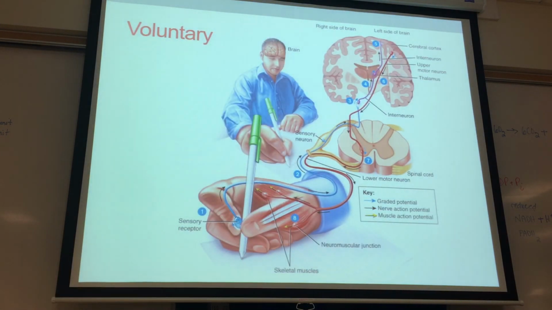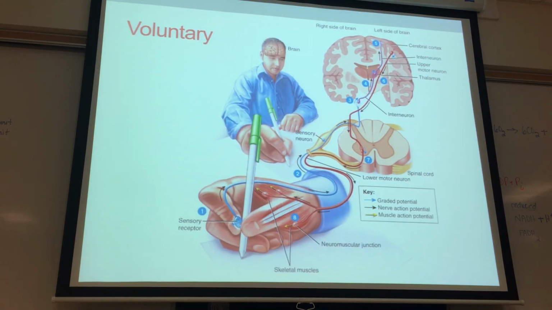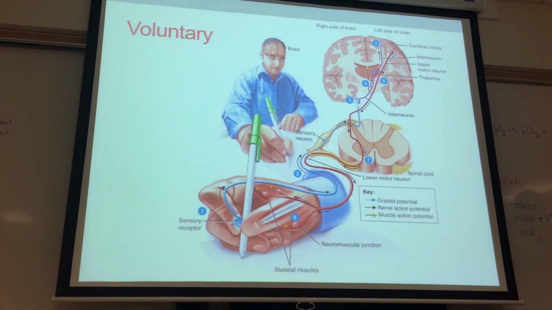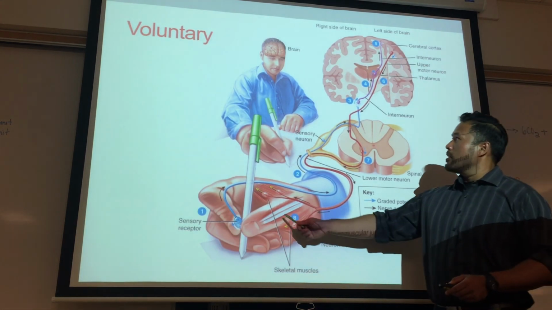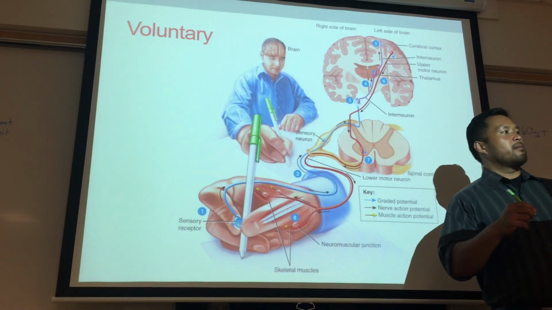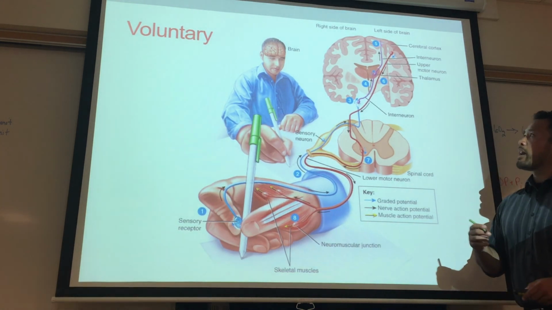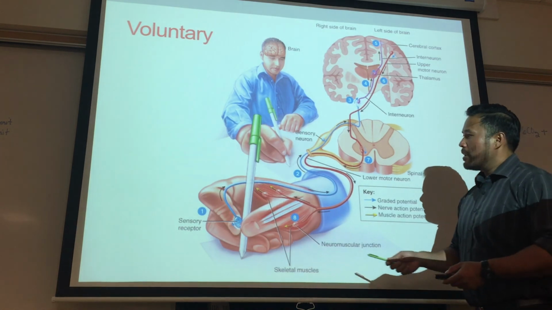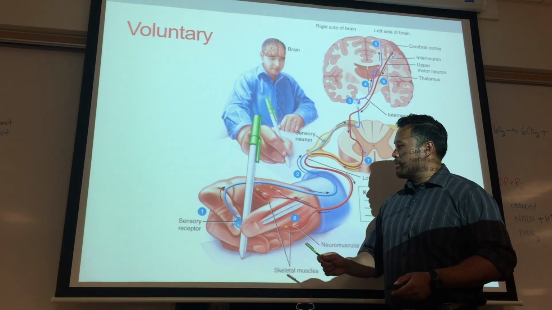So we can divide those. When we talked about earlier, we talked about the voluntary actions versus the involuntary actions. And to help tie in the sensory, integrative, and motor functions, we can take a look at the structures that are involved. As we mentioned earlier, this is the case of a guy writing with a pen. This is a learned task, but the learning isn't really the focus.